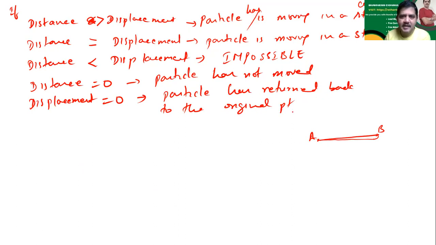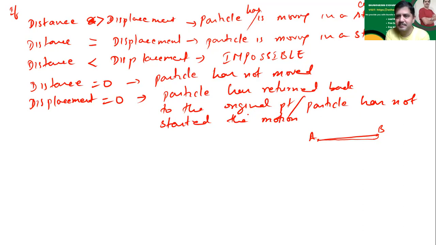So either the particle returned to the original point, or the particle has not started the motion. Both inferences are true, which means some information is lost. When the value of the displacement is given, you get some information, and you lose some information also.